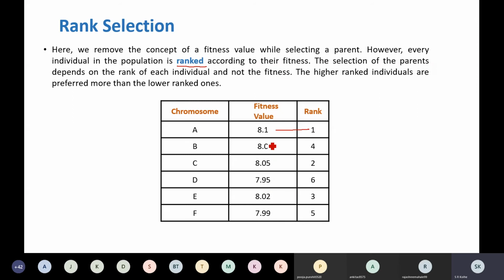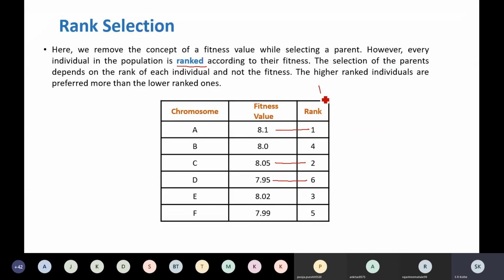After A, the next candidate is C, whose fitness value is 8.05, therefore rank is 2. And D, whose fitness value is least, therefore rank is 6.